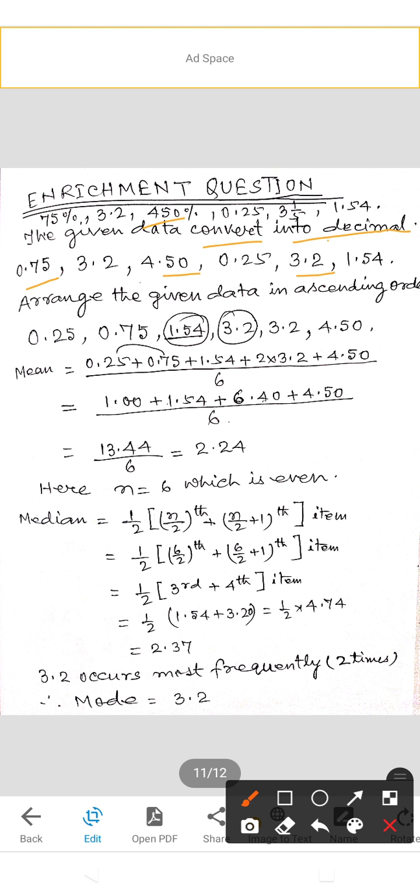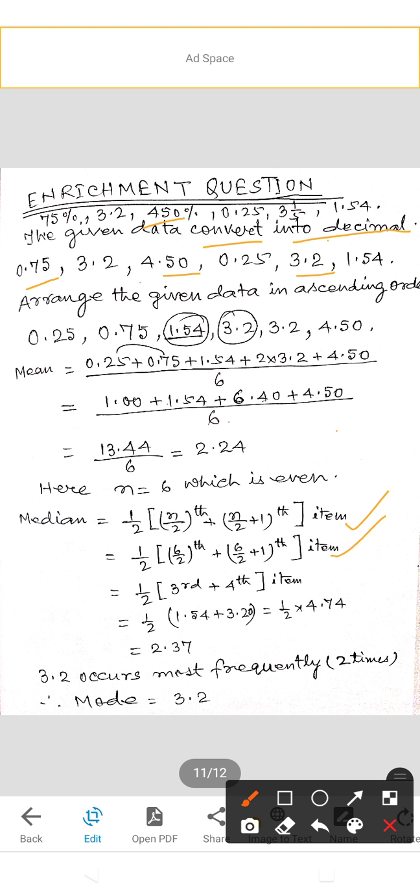Here n, the total number of observations, equals 6, which is even. Therefore the median equals 1 by 2 times the sum of the n by 2th and n by 2 plus 1th items, where n equals 6. So the 6 by 2th plus 6 by 2 plus 1th items, equal to 1 by 2 times the 3rd and 4th items.